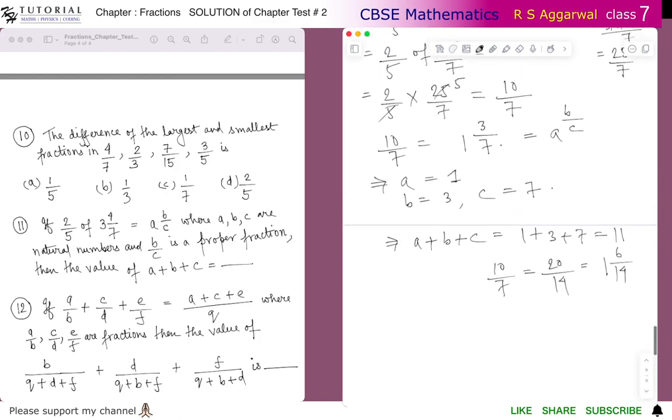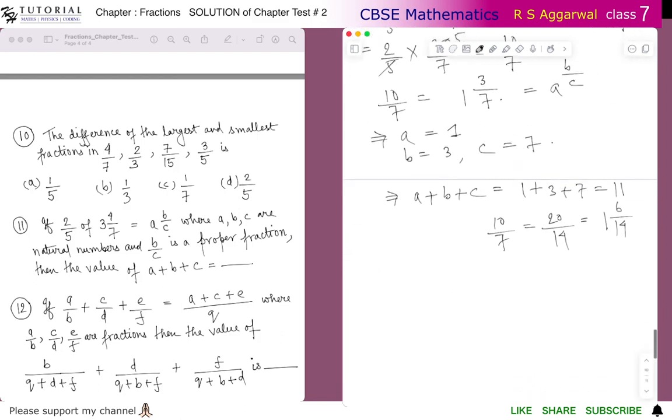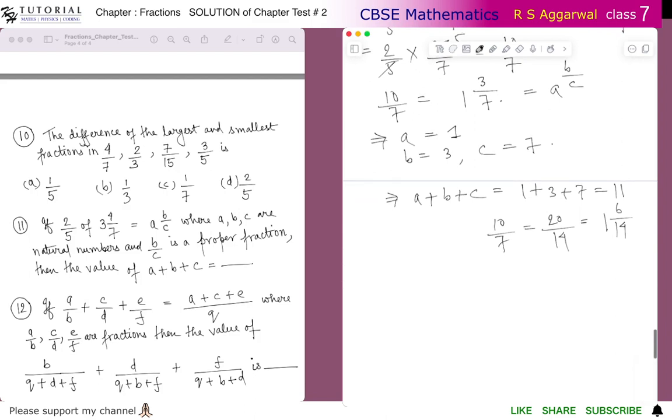Now, as I explained, 10 by 7 has an equivalent fraction 20 by 14. If I convert this to a mixed fraction, it becomes 1 upon 6 by 14, and 6 by 14 is also a proper fraction. So in that case, the values of a, b and c will be different. So it's my mistake in the question; it should say b by c is an irreducible fraction.